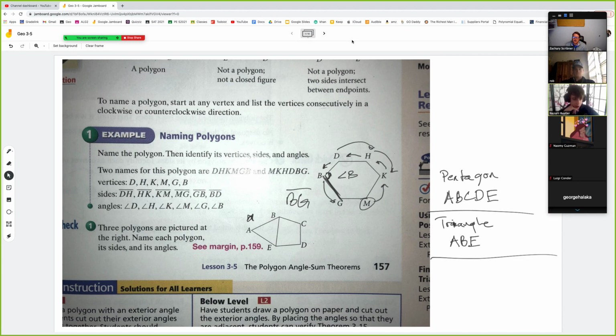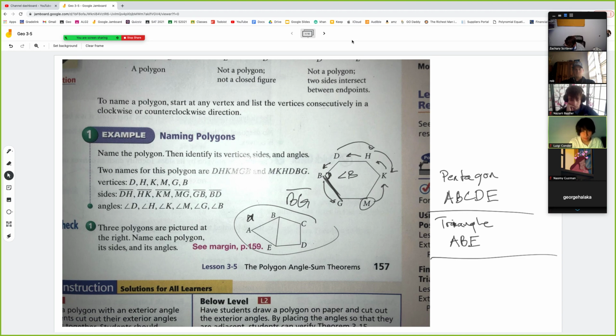All right, so Luigi, if you can, would you name the final polygon that we have? There's a heptagon, B, D, H, K, and G. That one? No. Down at this one right here.